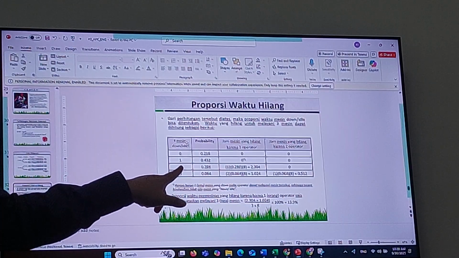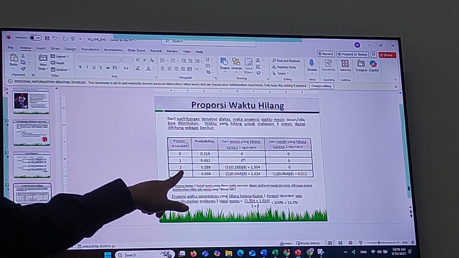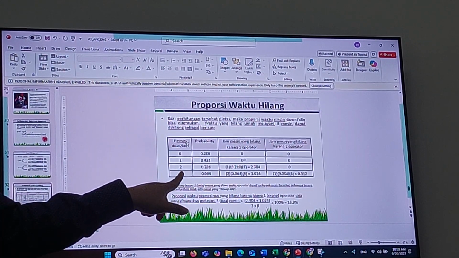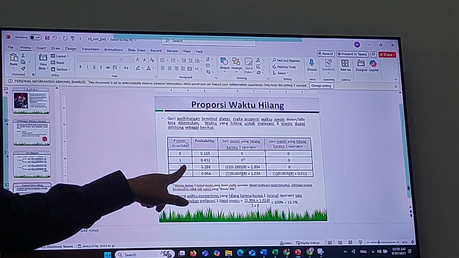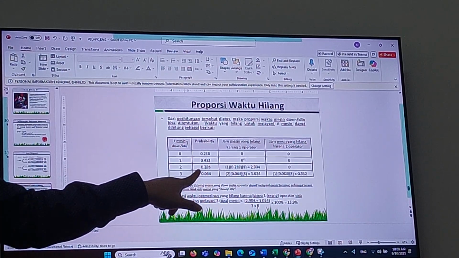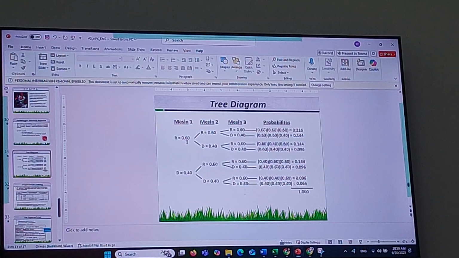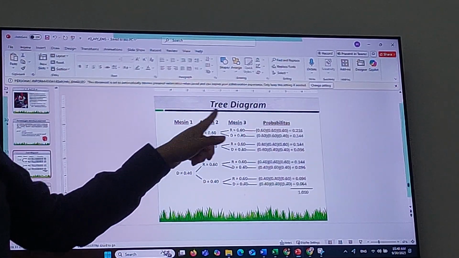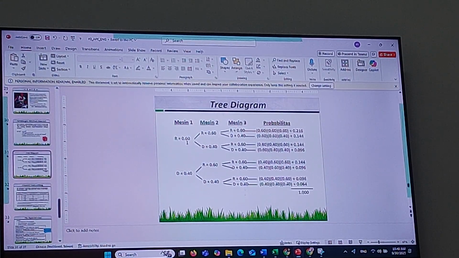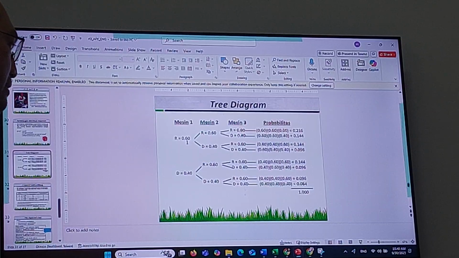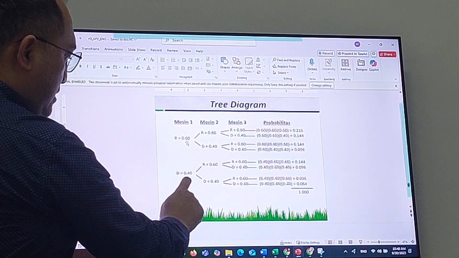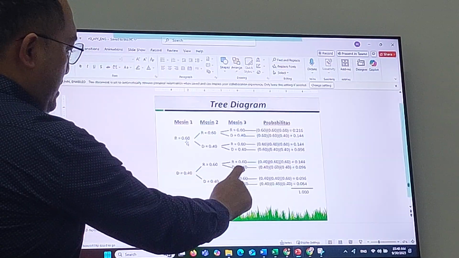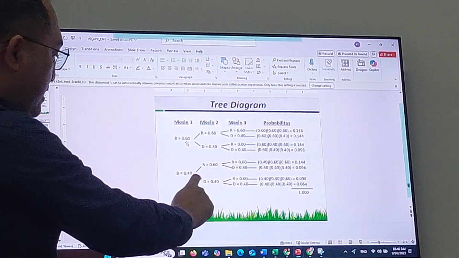Next, for two idle, one running. Check again based on this diagram. Two idle, one running, so this one, right? Two idle, anything else? This one. And also this one.